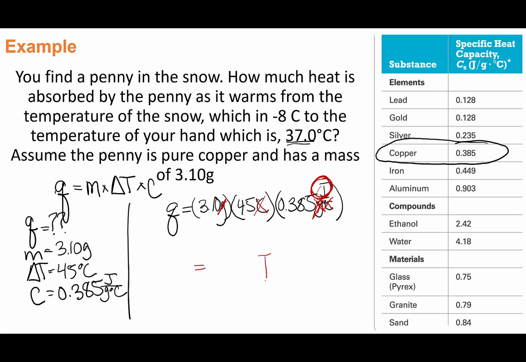It is the unit of joules. That's great news because we're solving for Q. And remember, Q is heat or Q is energy. So the units on our Q, our energy, is the joules. Okay. Now we just need to plug this into our calculator and solve.